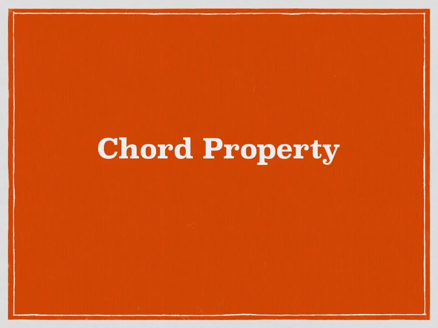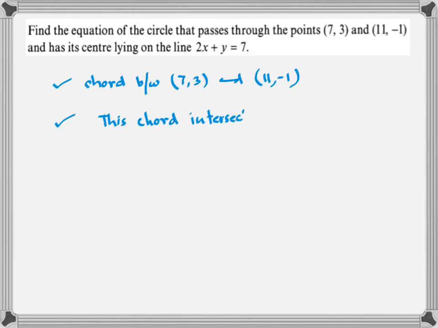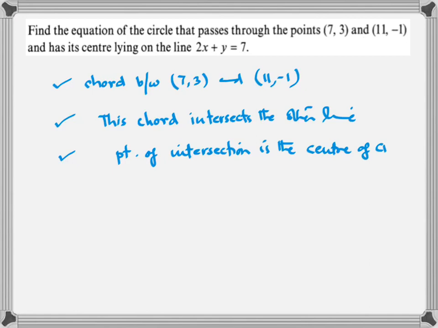The chord property. Find the equation of a circle that passes through the points such and such and has a center lying on this line. So you find a chord. There is a chord between (7, 3) and (11, -1). This chord will intersect the other line, and it is necessary that they both would be meeting at the center.